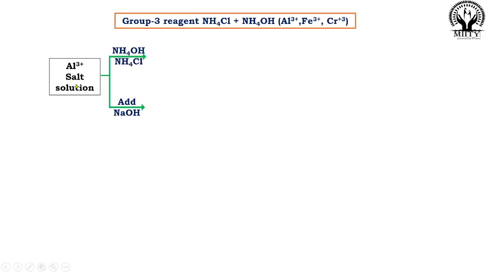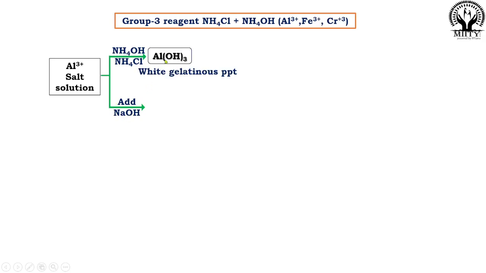Now we discuss Al+3. We take Al+3 salt solution. To one part of the solution, we add group reagent NH4OH and NH4Cl, and to the second part we add NaOH.